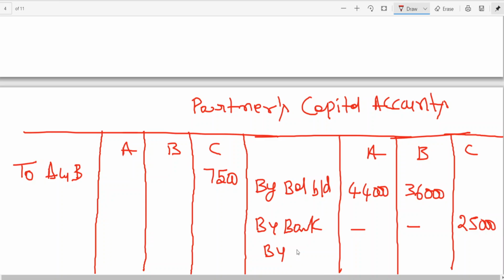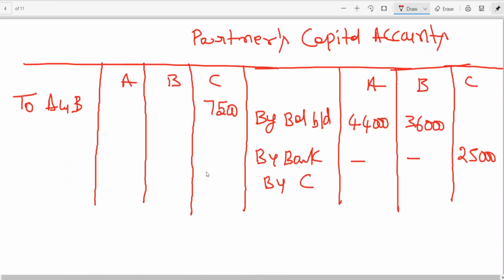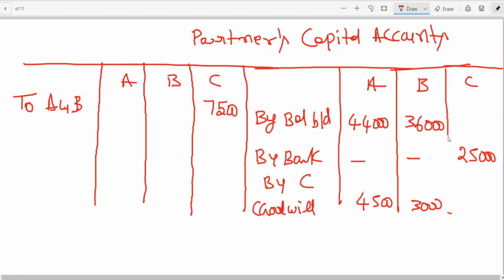Here you can write "by C, brackets goodwill", 4,500 to A. When a new partner is unable to bring a share of goodwill, the new partner's capital account will be debited, and the old partners' capital accounts will be credited.